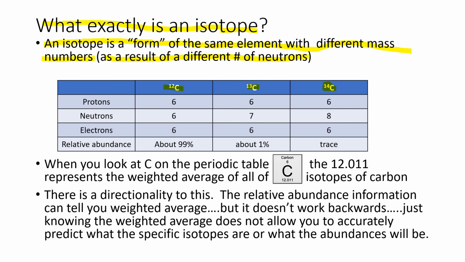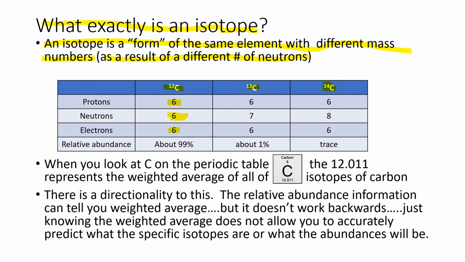So for each one of these isotopes, for carbon-12, if I go down this first column, how many protons? Well, every carbon will have 6 protons. To get up to a total mass of 12, it better have 6 neutrons. And since there's no charge, our electrons and protons have to match.